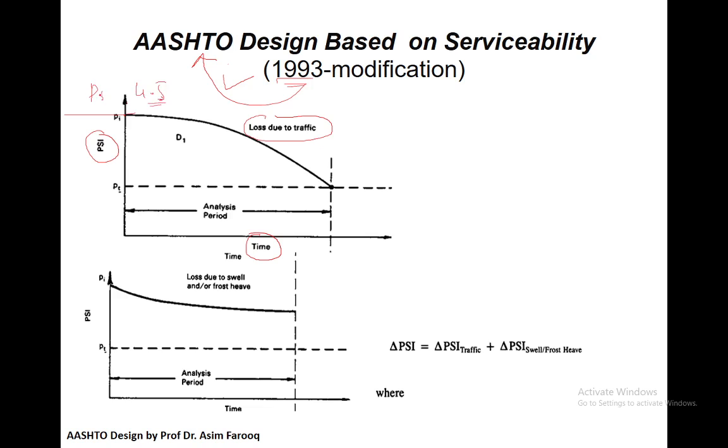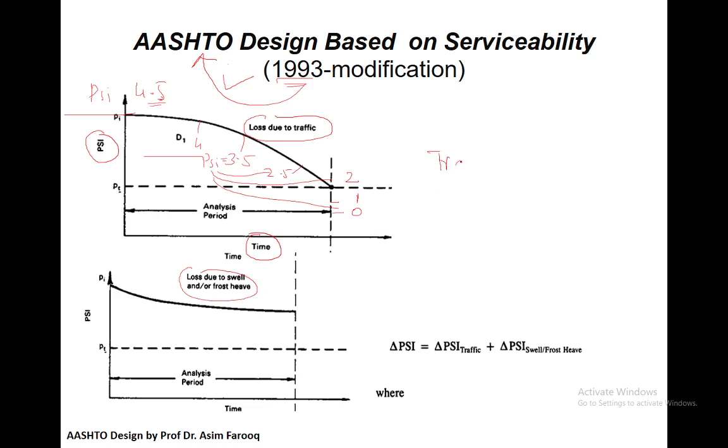But with the passage of time, that specific level reached PT. So PT is basically the level below which we need to do maintenance for the pavement to improve it, or after rehabilitation the pavement should be reused.